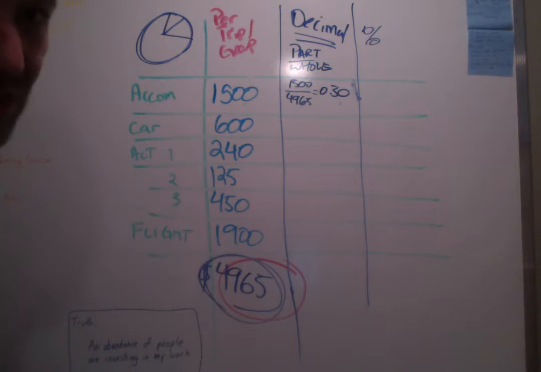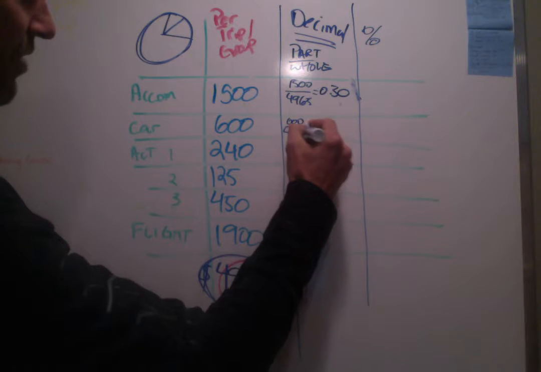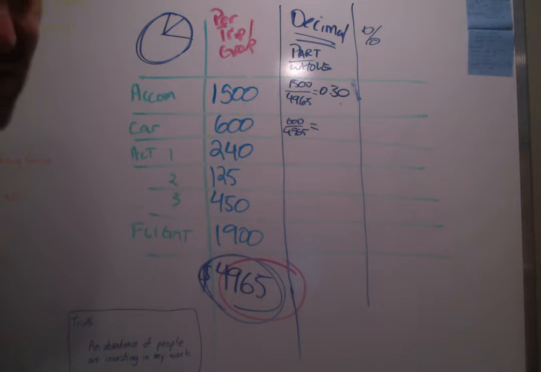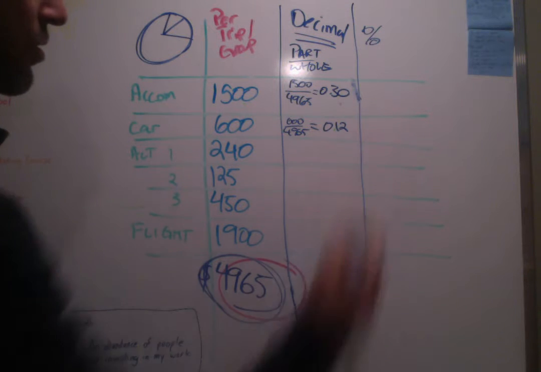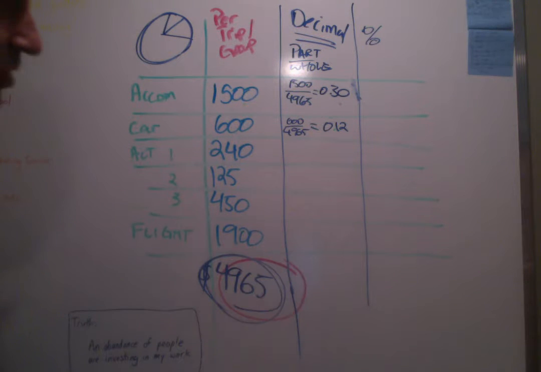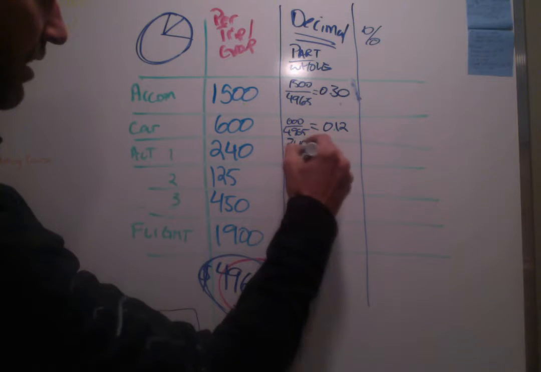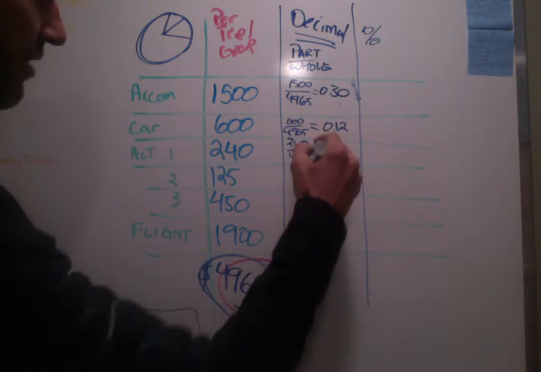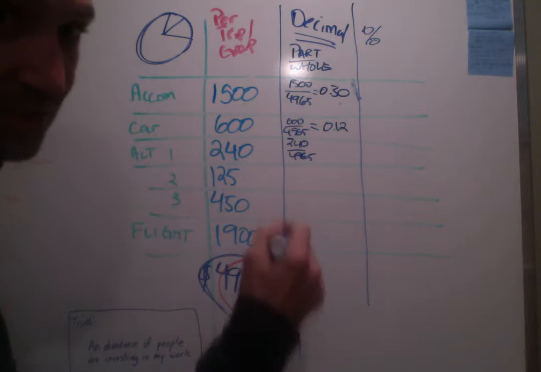Next one, 600. When I divide 600 by 4,965, I get 0.120, so 0.12. So that's 12 hundredths. The next one down, same process, 240 divided by 4,965. That's my total. Remember, the part divided by the whole. It's going to be 0.